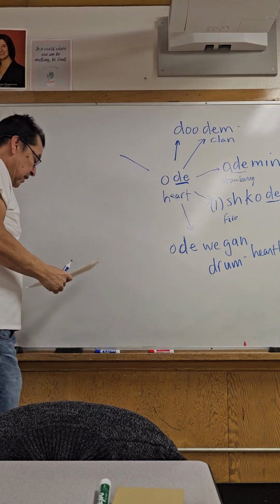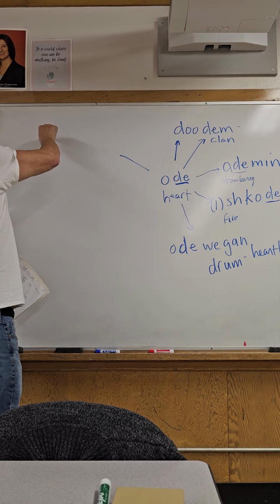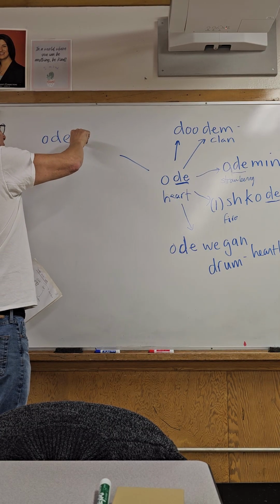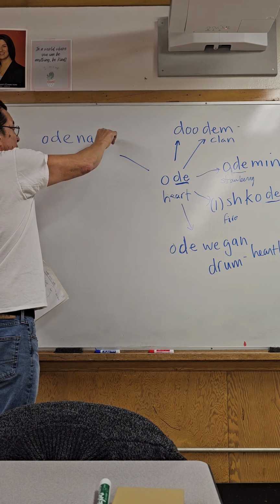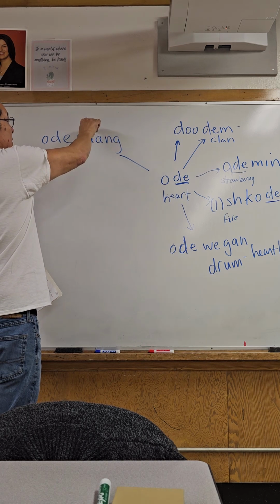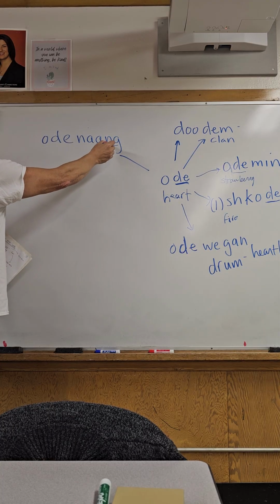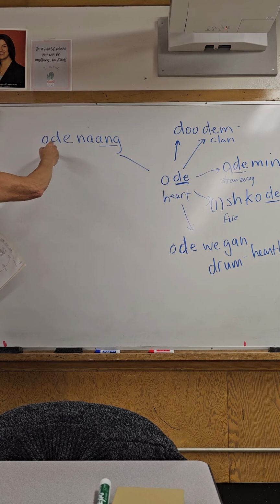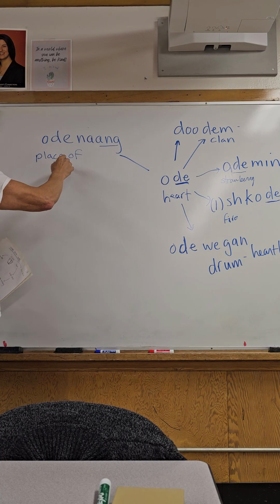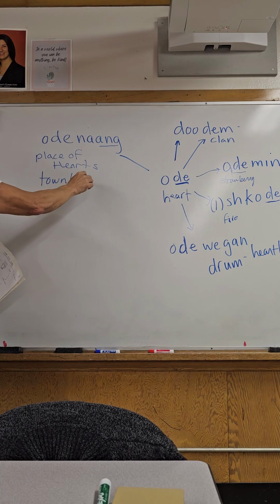And then we have Odenon. Basically when it's translated, it's just the place of many hearts. It's almost like a store, or a town, village.